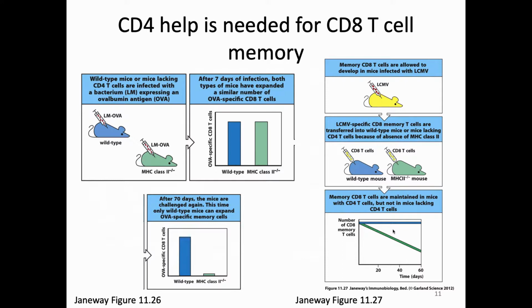And as these cells were tracked over time, it was obvious that the CD8 cells were able to persist if the mouse had CD4s, and those CD8 cells actually were lost if the mice did not have CD4s. And so this said that the CD4s were doing something to help those memory cells persist in the mice.